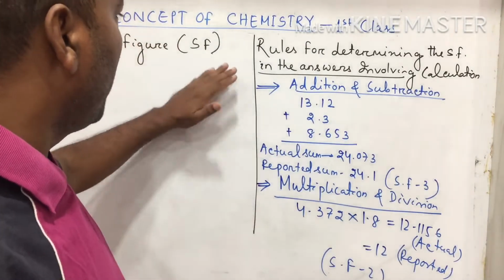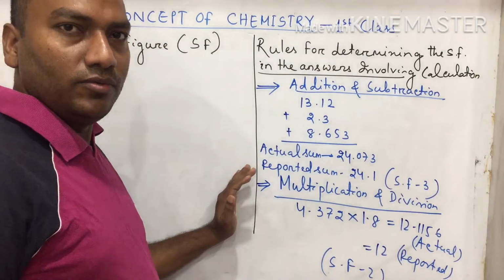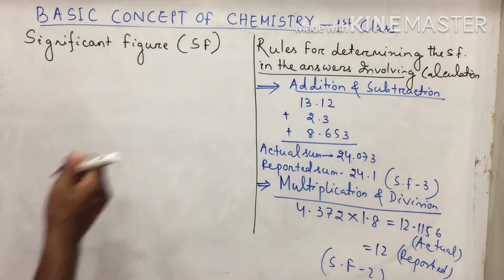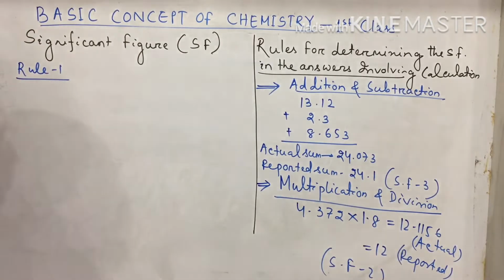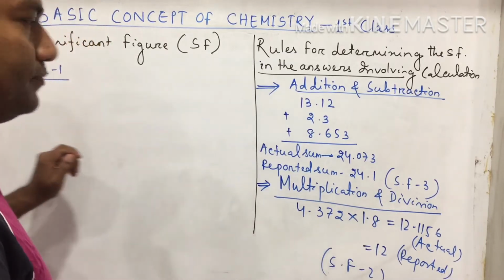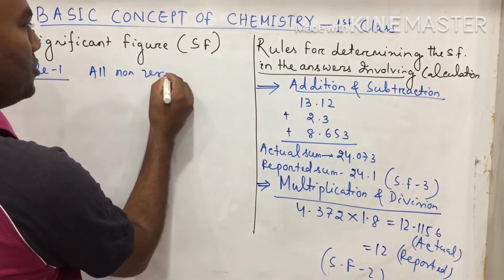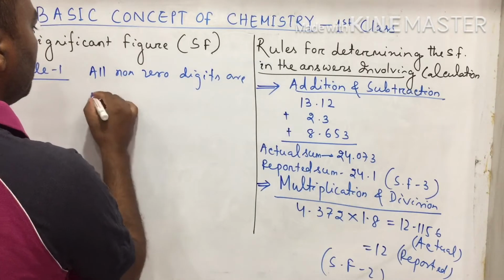Different rules are there. What are the different rules? The first rule is: all non-zero digits are significant.